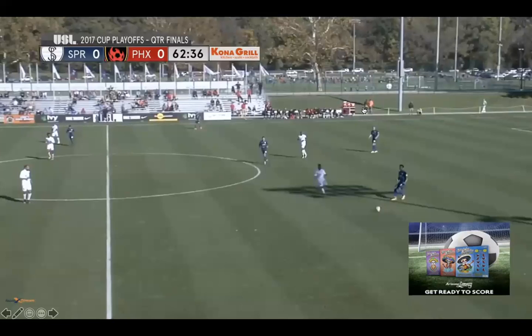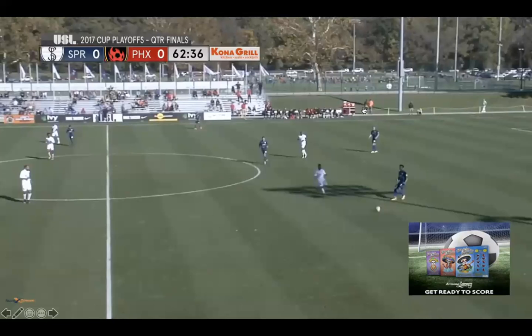Question here, do you need to wave play on? Nope, there's no reason to wave play on here at all. If you don't blow the whistle, that means there's not a foul. Everybody can move on. Question here, when would you stop play for a player down? The only time, and again, take this with a grain of salt for the grassroots level, the only time we stop play for an injury is if a player has a serious injury.